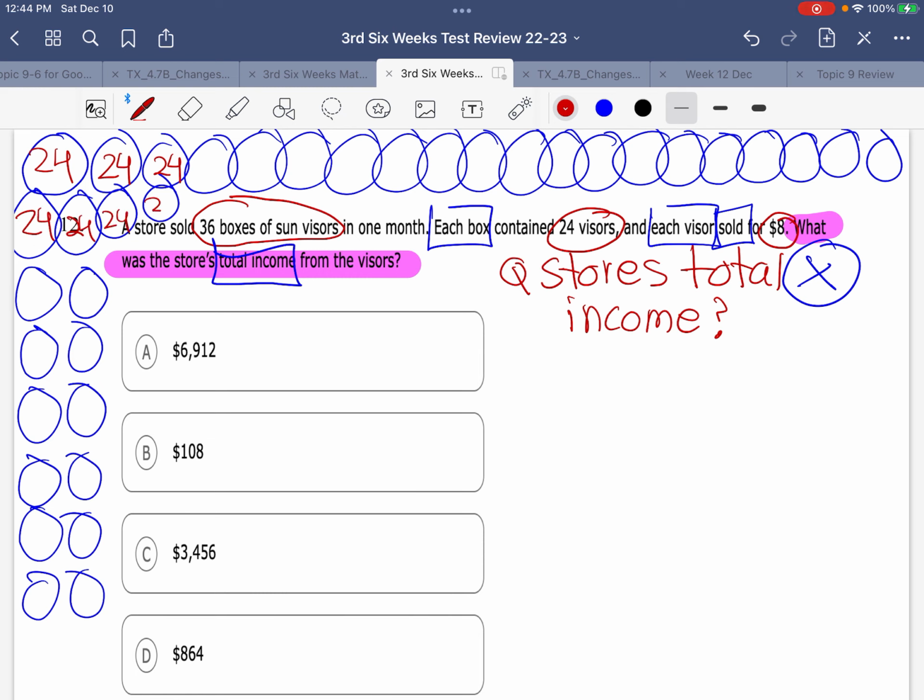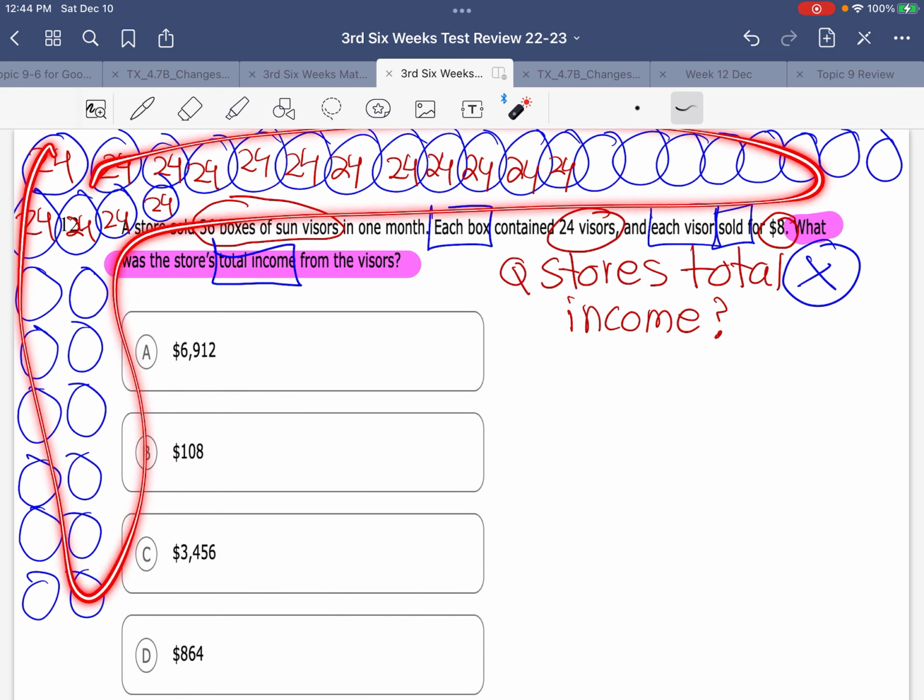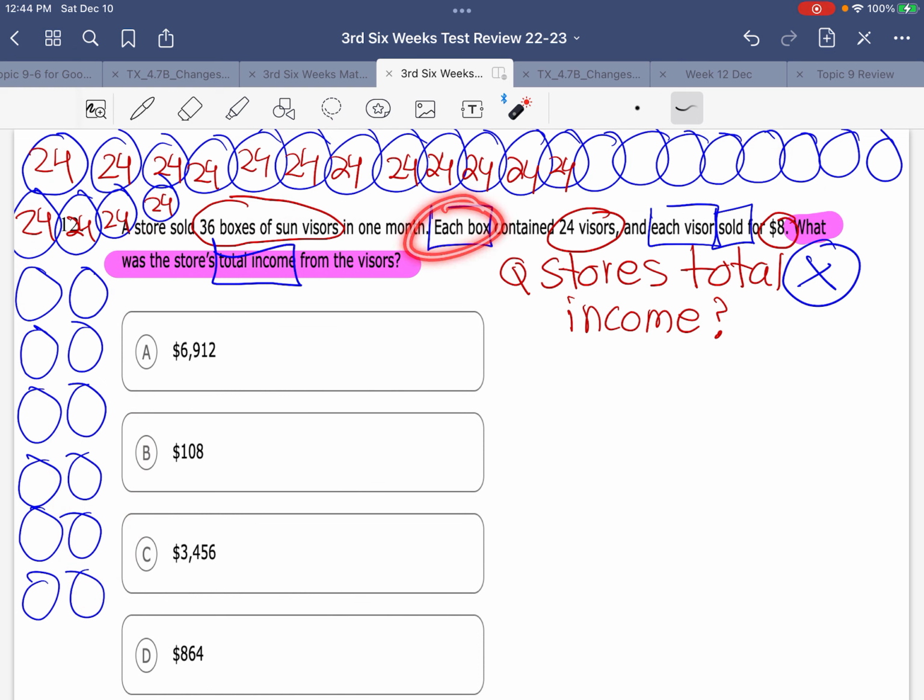All of these have 24 inside of them. I'm not going to write 24 for every single one because that's going to take me forever. But if you get what I'm trying to say, there's 36 boxes. Each box has 24 visors in it. So I want to figure out, okay, well, what's the total amount of visors?